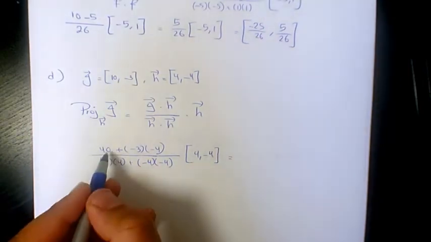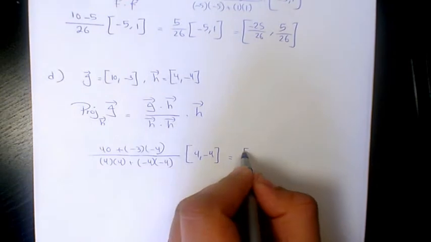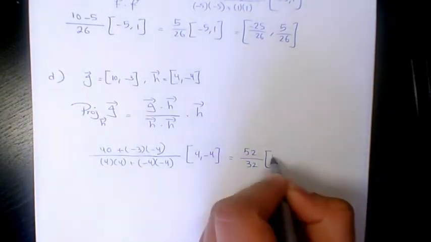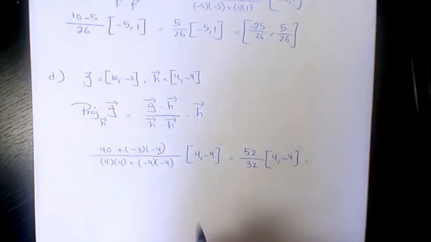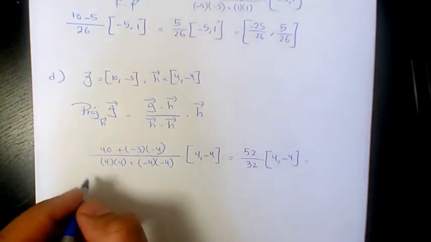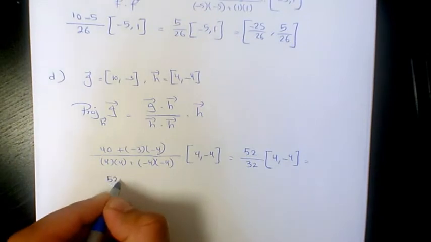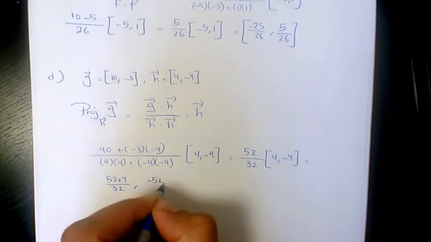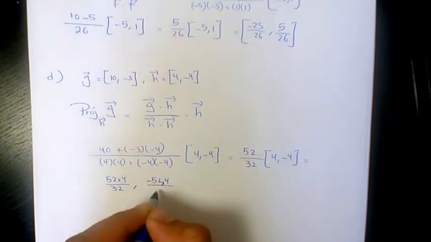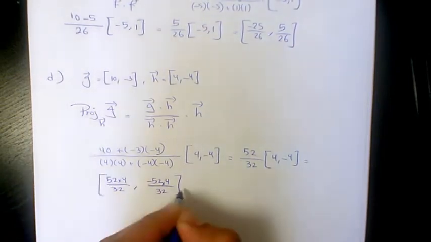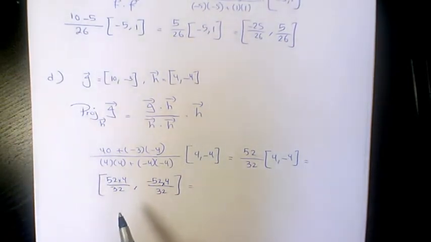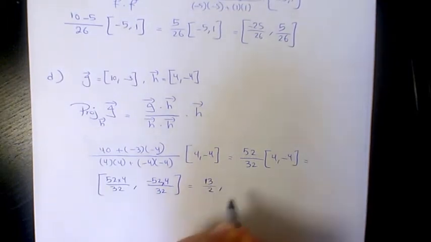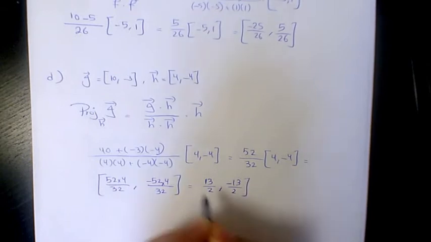That will be 40 plus 12 is 52, divided by 16 plus 16, 32. So that will be 52 times 4 over 32, negative 52 times 4 over 32. When you simplify, when you reduce it, it's going to be 13 over 2 and negative 13 over 2.